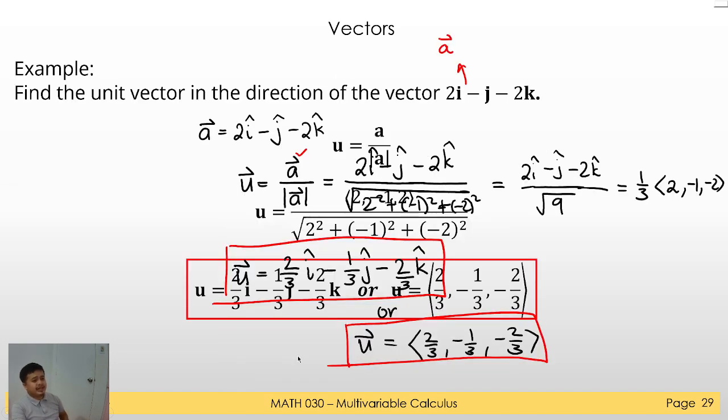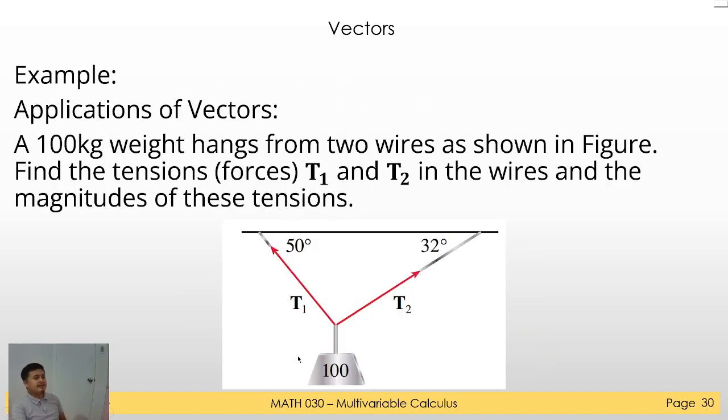So, application of vectors. We have this given problem, and how can we apply the concept of vectors in solving this problem? A 100 kilogram weight hangs from 2 wires as shown in the figure. Find the tension forces T1 and T2 in the wires, and the magnitude of these tensions.